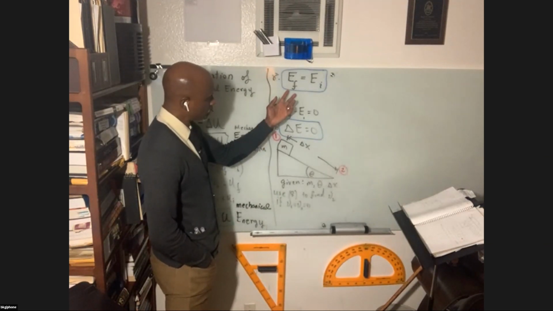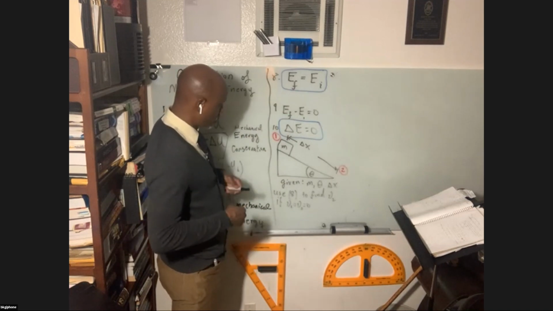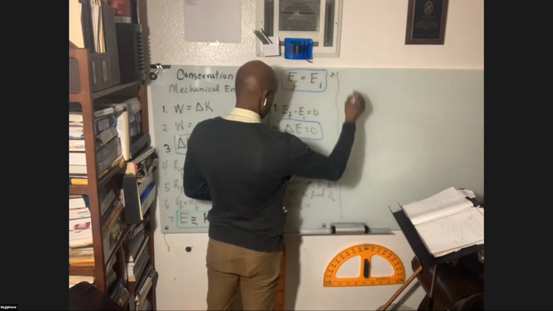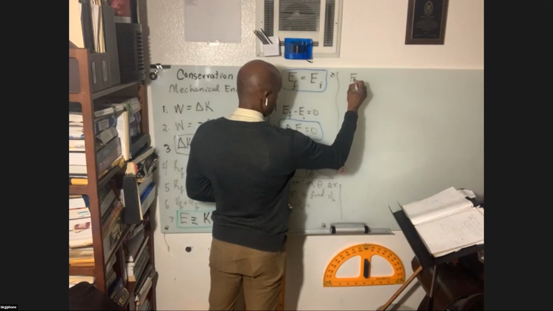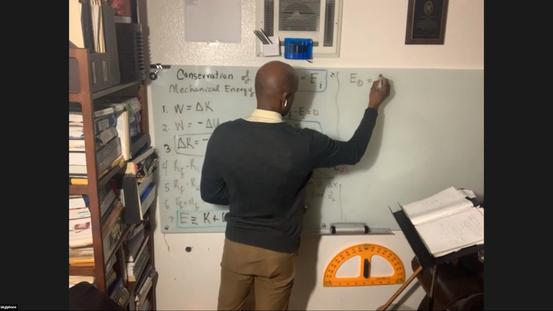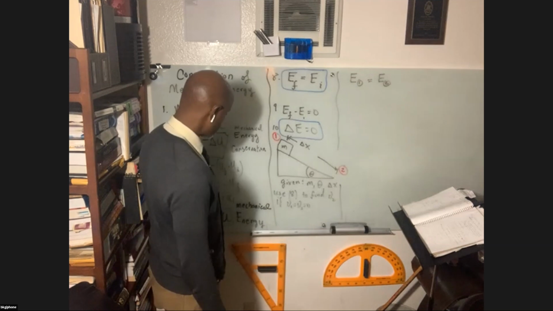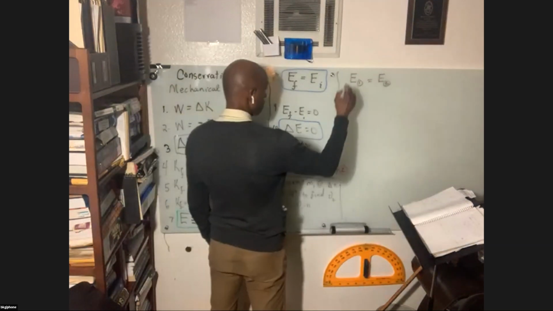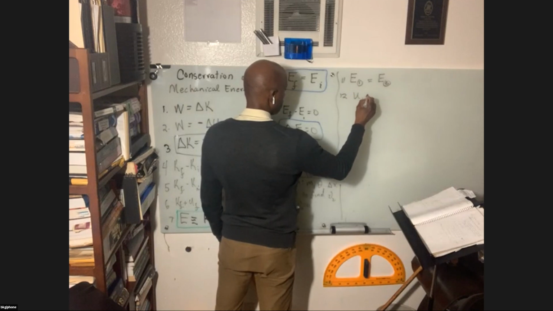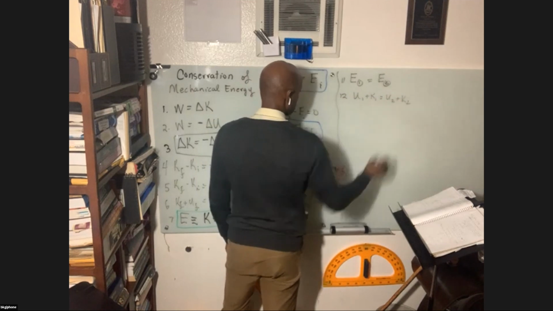So that's why you see this equation is fun. The next step then is to just apply conservation of energy. So applying conservation of energy, I want to know the initial energy at position 1. That's got to be equal to the mechanical energy at position 2. Mechanical energy is kinetic plus potential. So you have U1 plus K1 equals U2 plus K2.